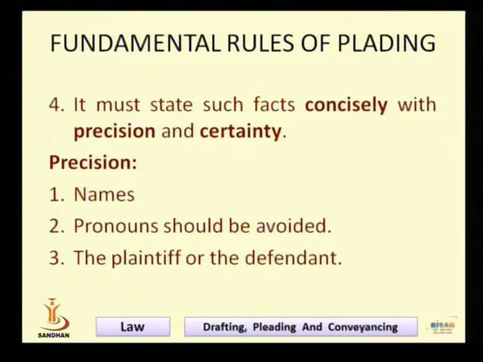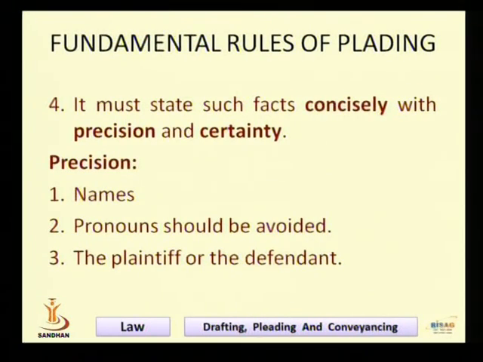How can you say which kind of pleadings are called precise? For that, CPC has given a list. The list includes names of the parties. The second is pronouns should be avoided. Instead of using he, she, his, her, him, one should use the names of the parties.